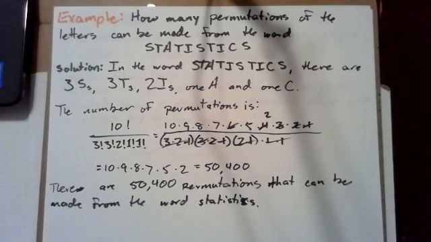We cancel as much as we can. We're left with 10 times 9 times 8 times 7 times 5 times 2, which is 50,400. There are 50,400 permutations that can be made from the word statistics.